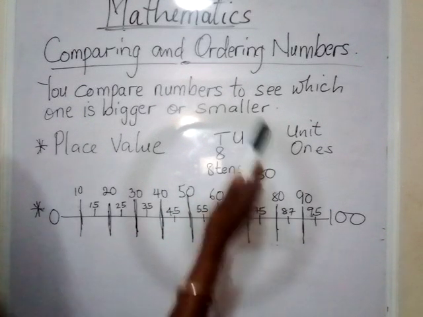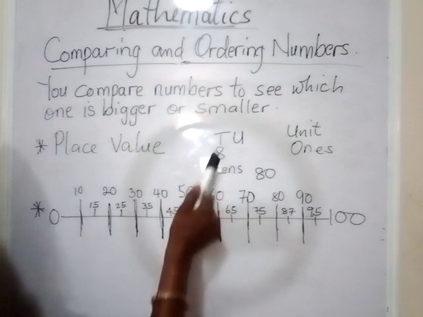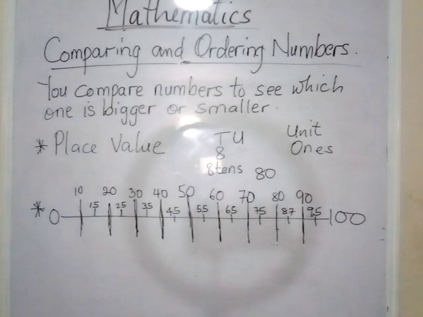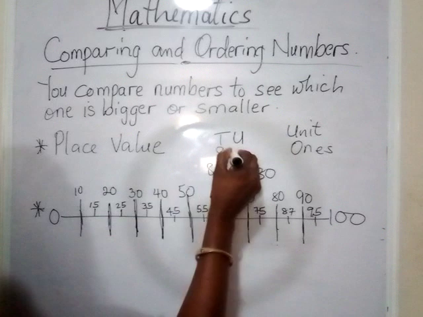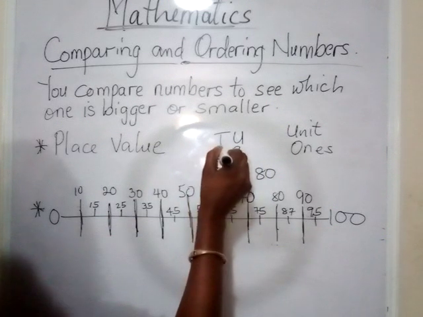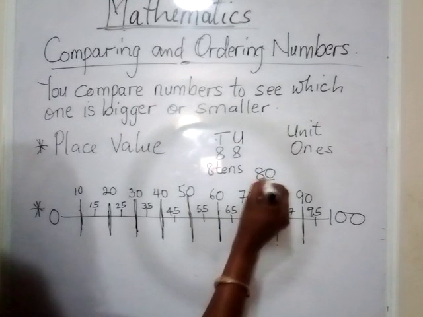As you move towards your left, the value of numbers keeps increasing in multiples of 10. Under units, 8 is simply 8. But under tens, 8 is 8 tens, which is 80.